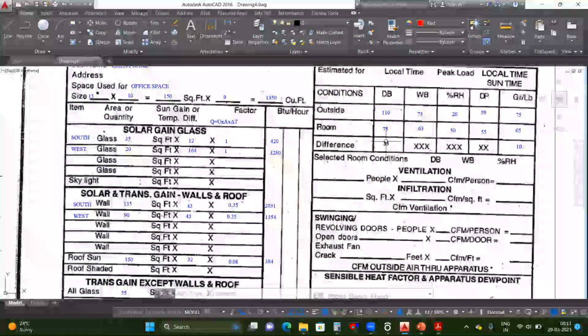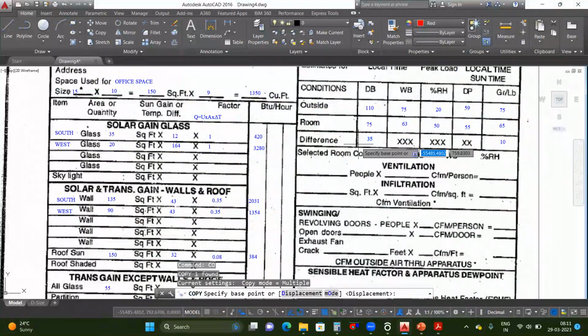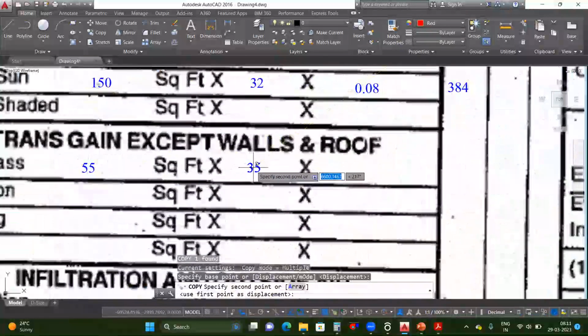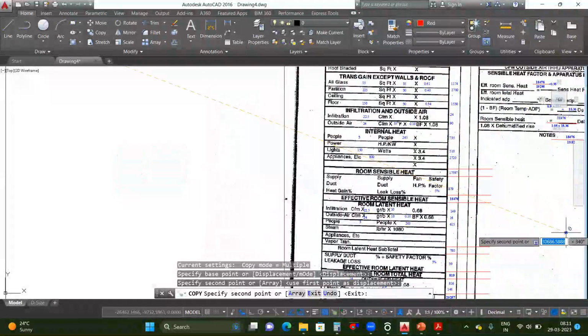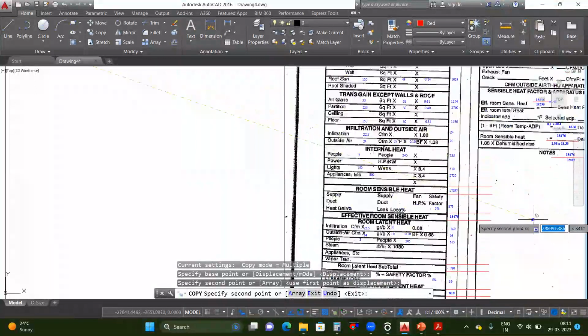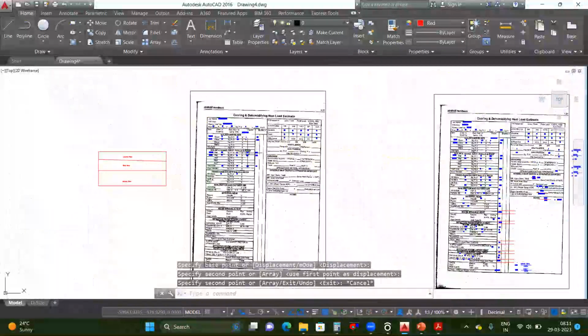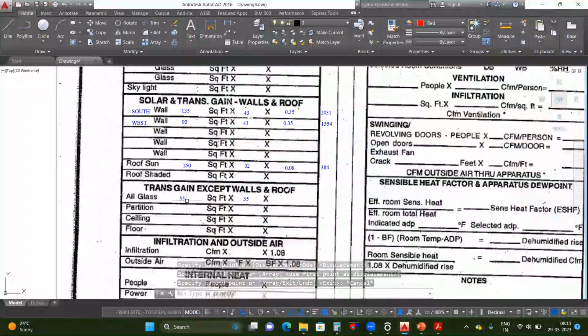So this delta T we need to take. So for all glasses we have taken 55 and the delta T is 35.